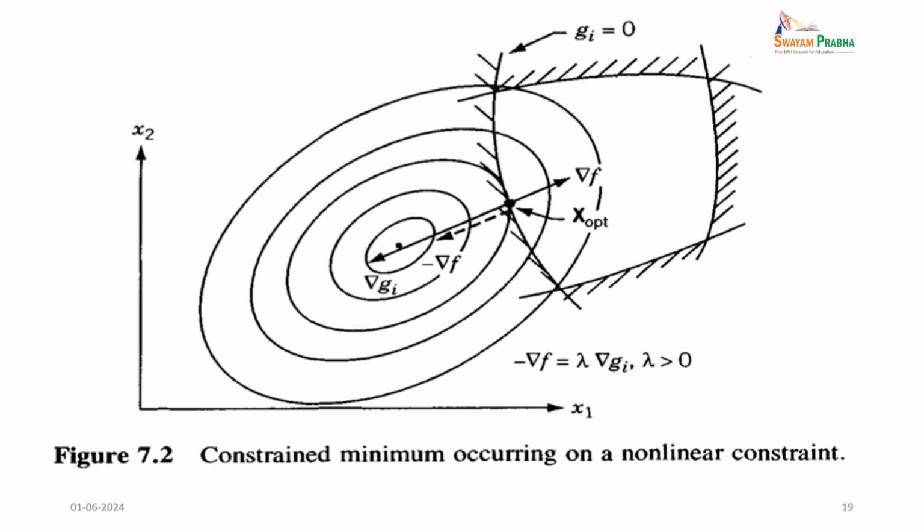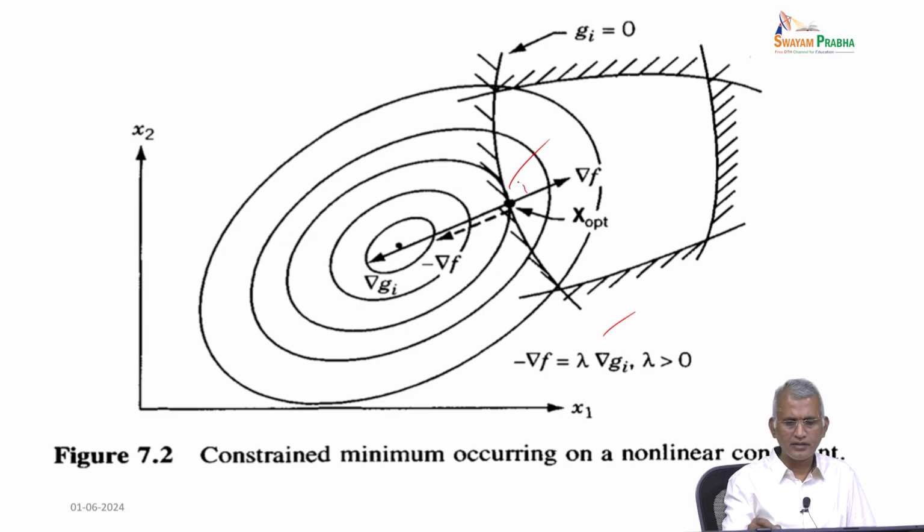Now, this is the topography of what we have taken, the convergence on the nonlinear constraint. The constrained minimum occurs on the nonlinear constraint with the help of minus delta f equals lambda delta g i. So, we can easily identify which point it converges from and to. Based on that, where the optimum occurs is also identified. This point is optimized, with the minimum of maximum equal to the maximum of minimum.